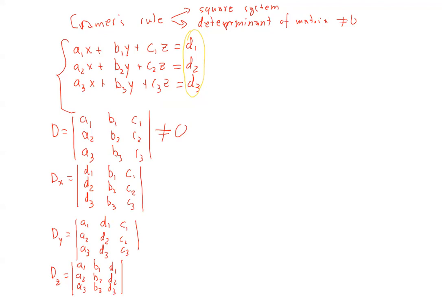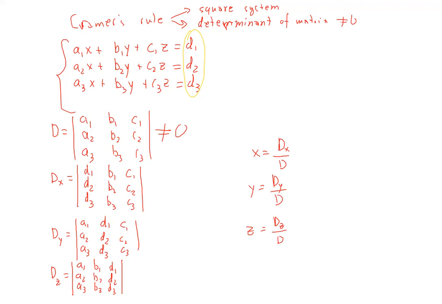Certainly not a small task, but it's a no-brainer. With Gauss elimination, you need to think just a little. Then the solution is Dx over D, Dy over D, and Dz over D. That's Cramer's rule.